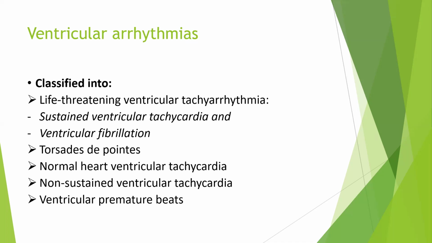We can have Torsades de Pointes, we can have ventricular premature beats or ventricular premature contractions, your VPCs, and we can have normal heart rate ventricular tachycardia and non-sustained ventricular tachycardia. But the four of them are what we're going to be looking at. We'll look at the VTACs, VF, Torsades de Pointes and your ventricular premature contractions.